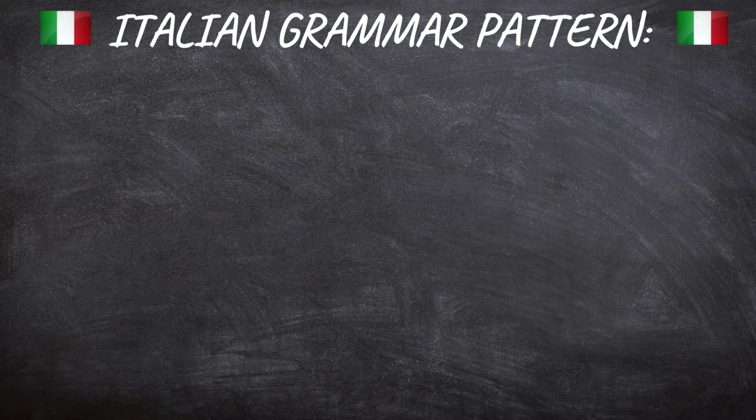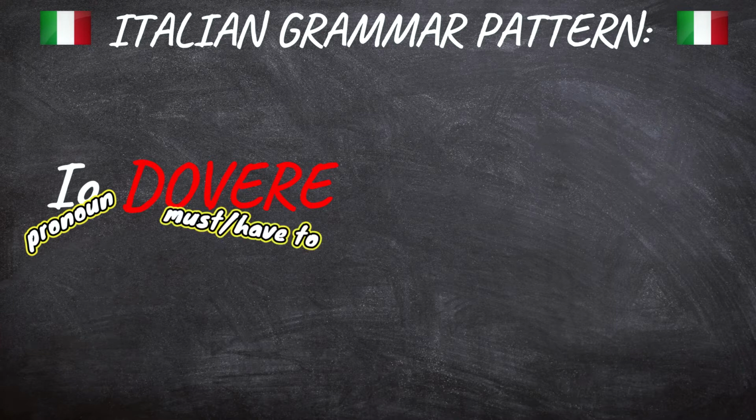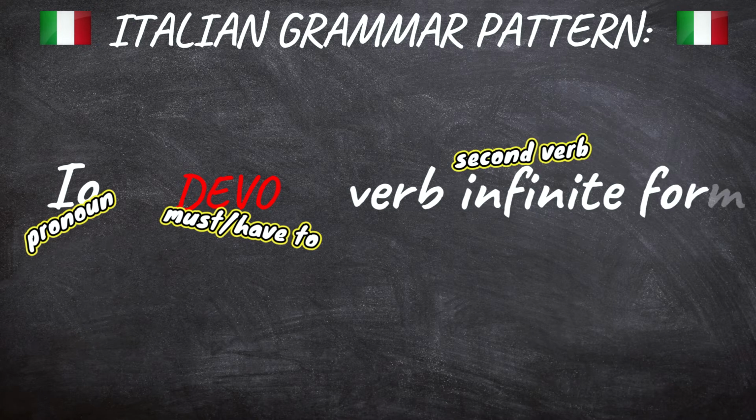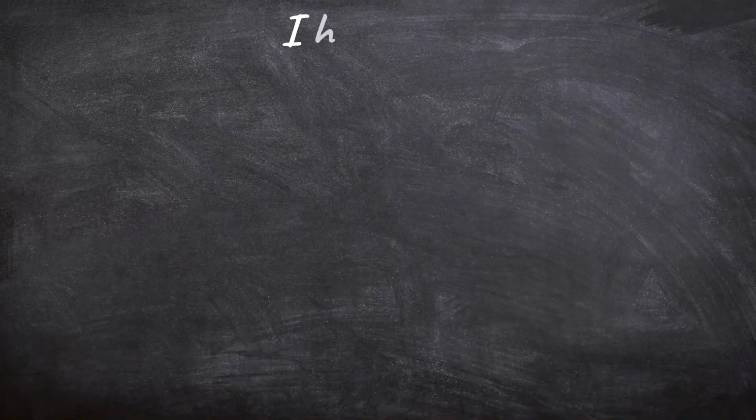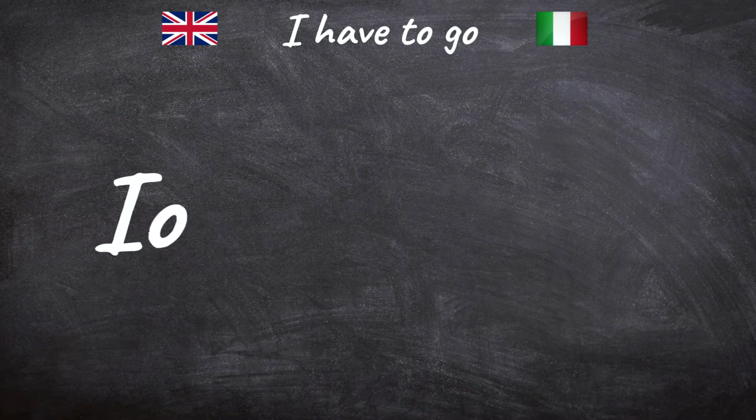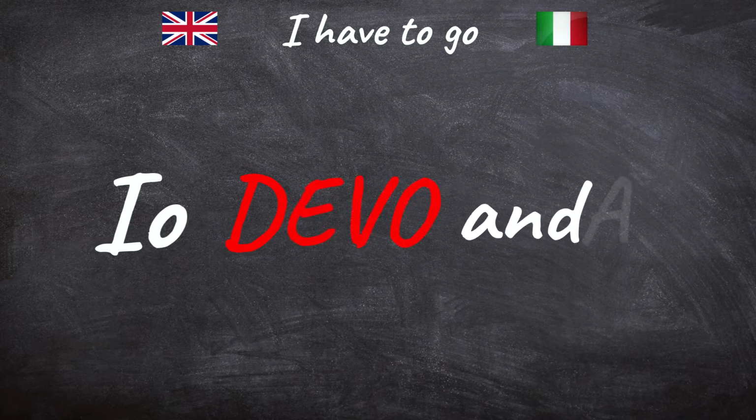The obligation in Italian is made like this. Io, pronoun, following the verb dovere conjugated properly, devo, and then the actual verb that expresses the action that needs to be done. Like for instance the English sentence I have to go. In Italian it is going to be io devo andare.